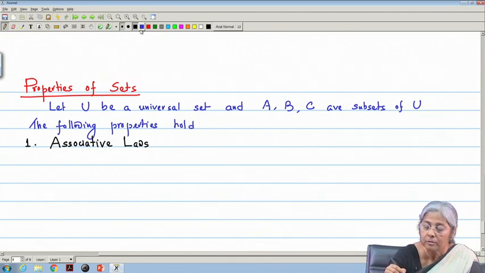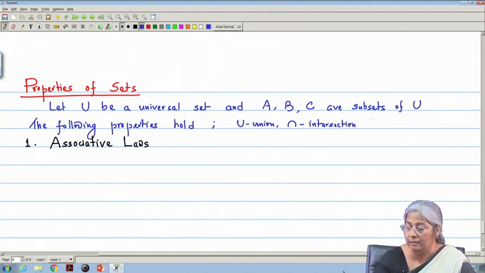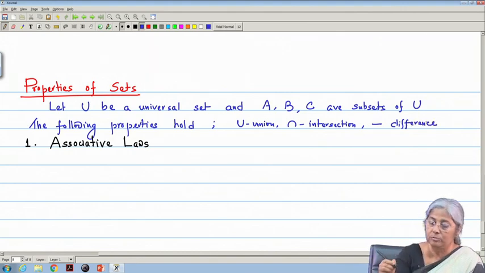Here we consider these 3 sets and the operations are union, intersection, and set difference. So, associative laws.